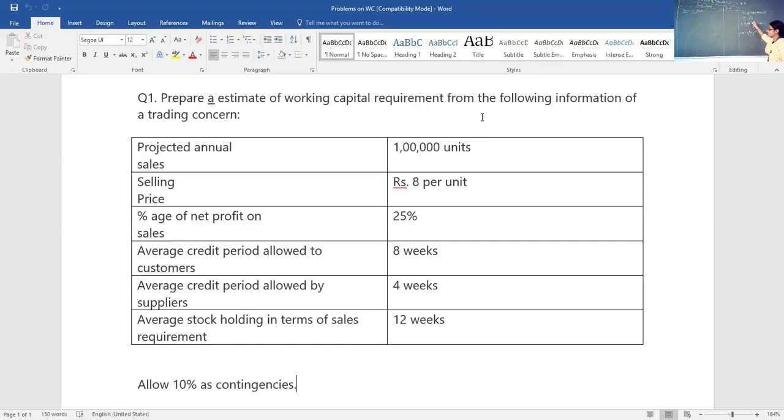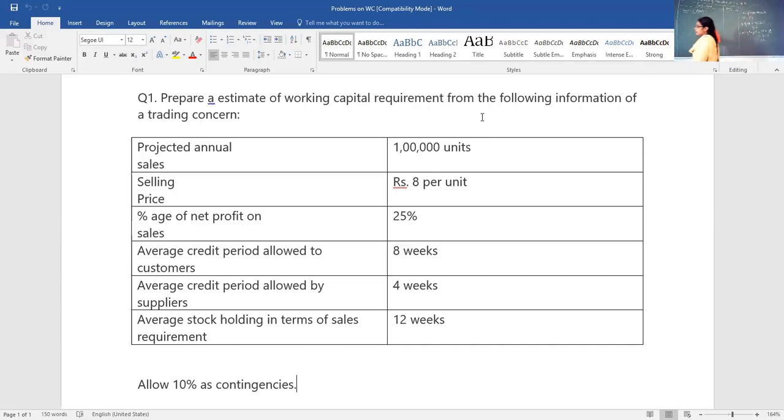So selling price is rupees 8, out of which they have told 25% is the profit. So 8 rupees into 25% gives you 2 rupees, which is the profit. So how do I find cost? Selling price minus profit. Selling price is 8 rupees, profit is 2 rupees. Therefore, the cost involved in producing is rupees 6 per unit.